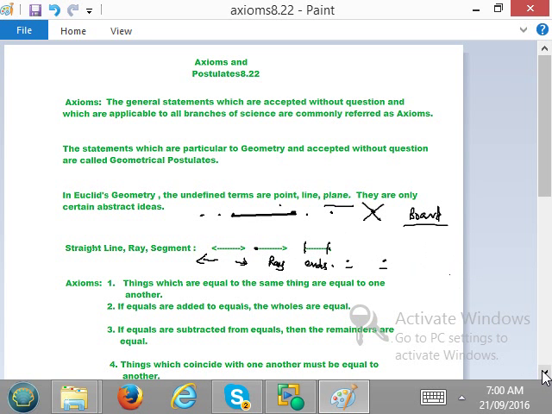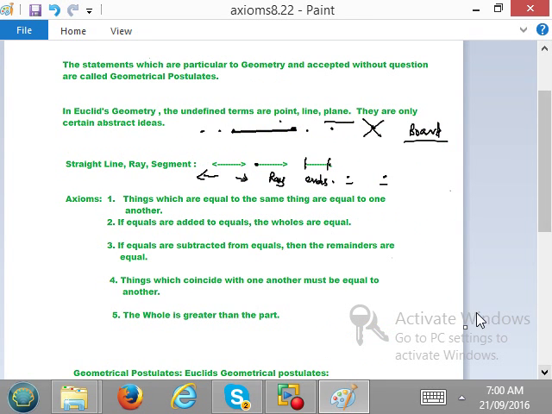We will see some of the axioms. Along with these general principles, I want to give one more principle. Just take it like a balance, weights and measures. How do we represent the balance?